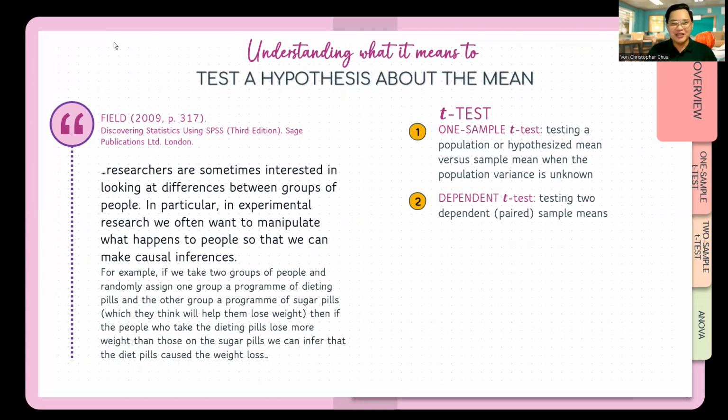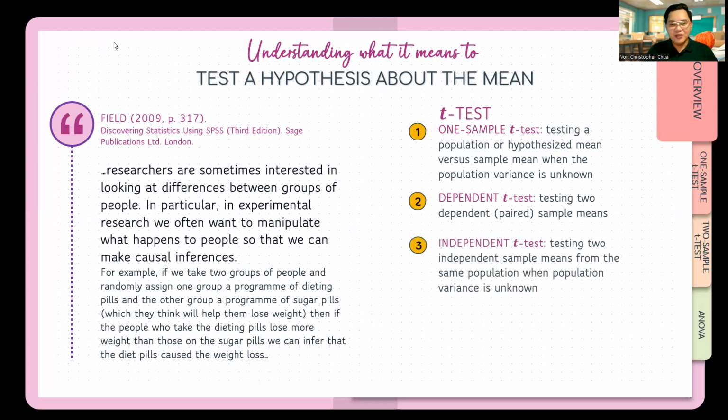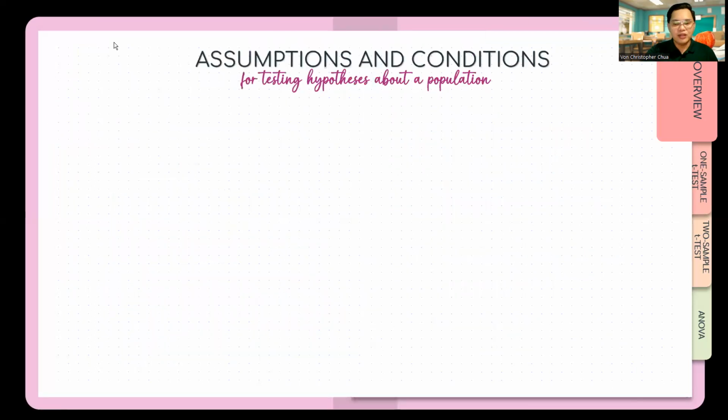I will discuss later what we mean by dependent or paired sample means. The third one is what we call the independent t-test. And this is when we want to test two independent sample means from the same population when the population variance is unknown. And finally, after these three different t-tests, we will also introduce the concept of the analysis of variance, wherein we take a look at testing three or more means, whether or not those three different means are the same.